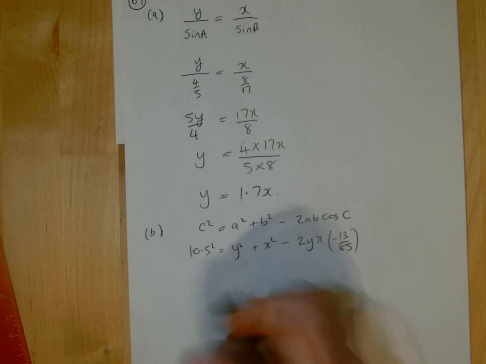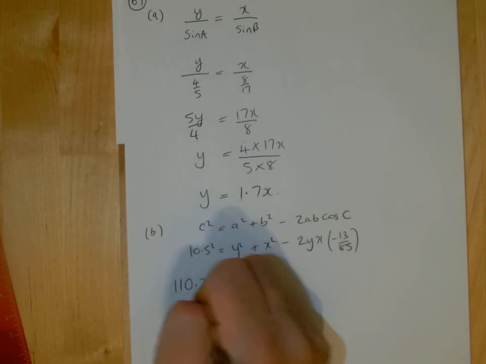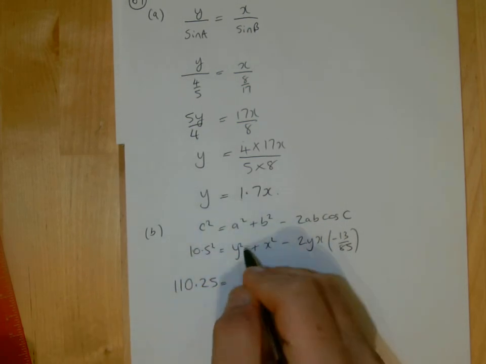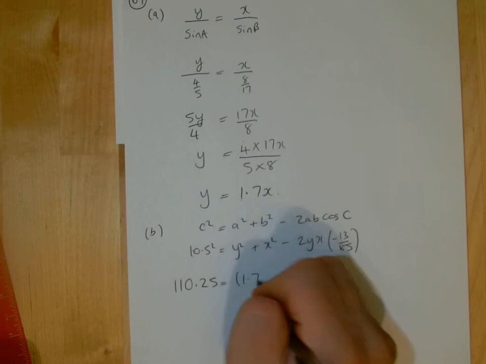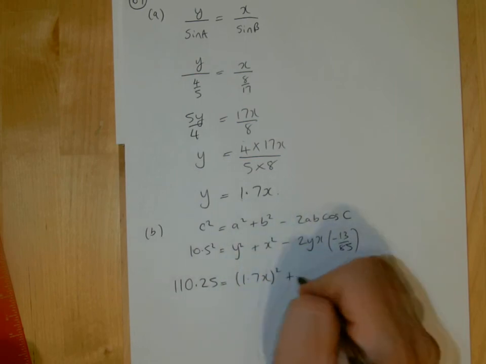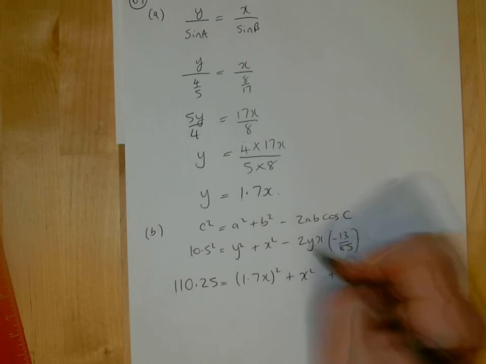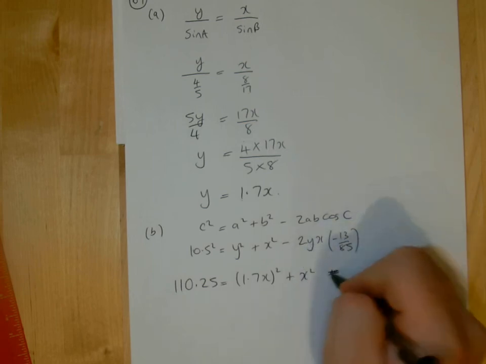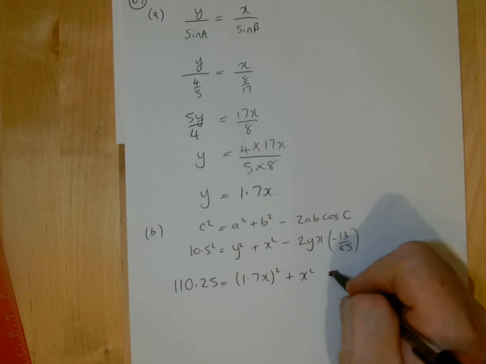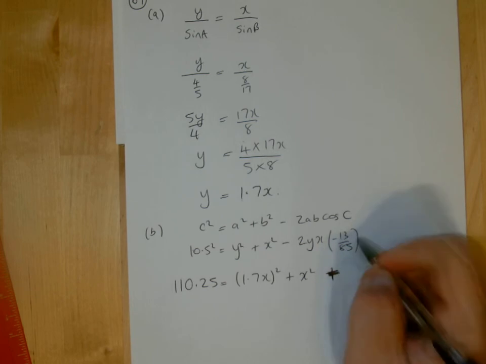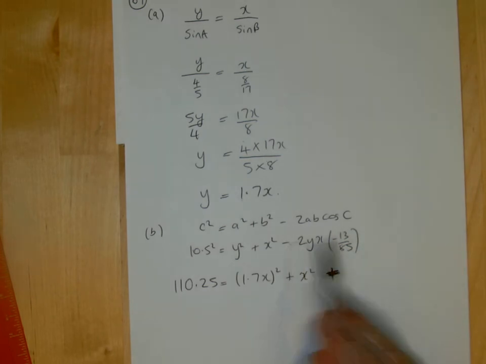Let's start with 10.5 squared, which comes out to be 110.25. Then y squared, I need to square all of this, plus x squared. We've got a minus there, so I need to write a minus here. Having said that, let's keep it as a plus, because minus there and a minus there make a plus.